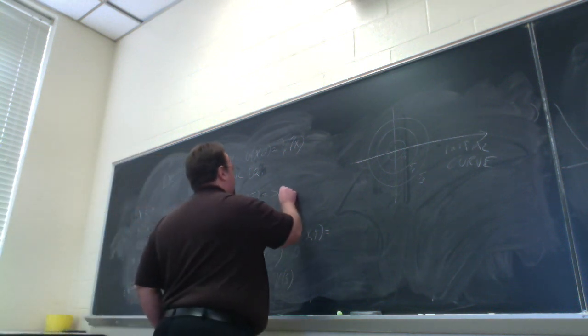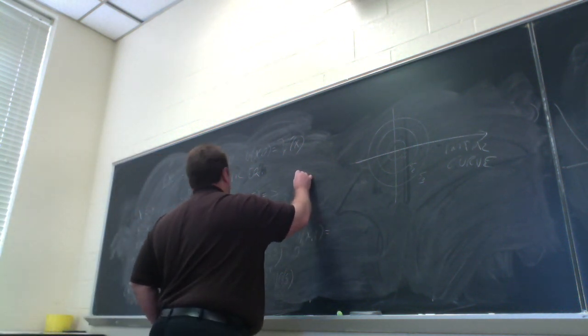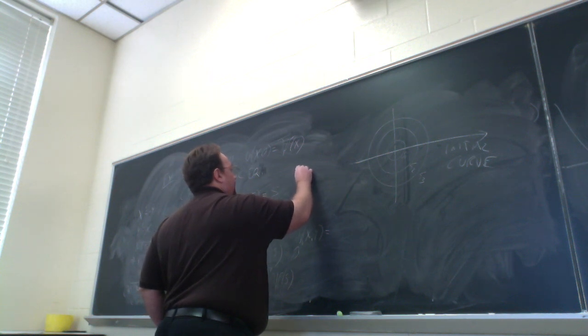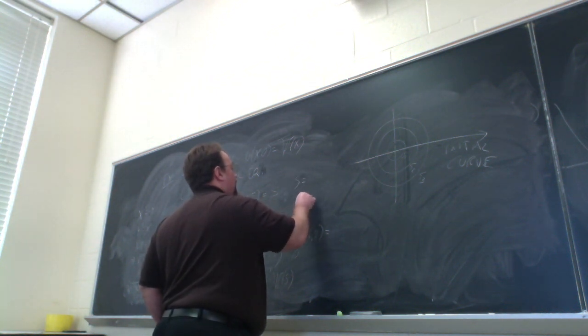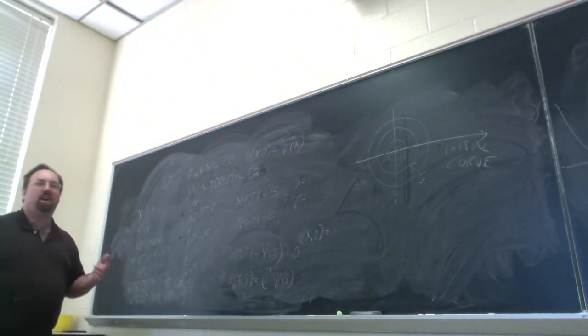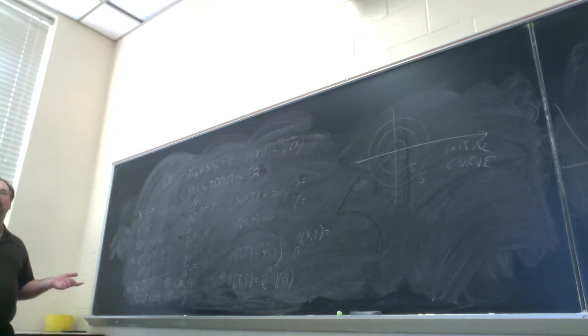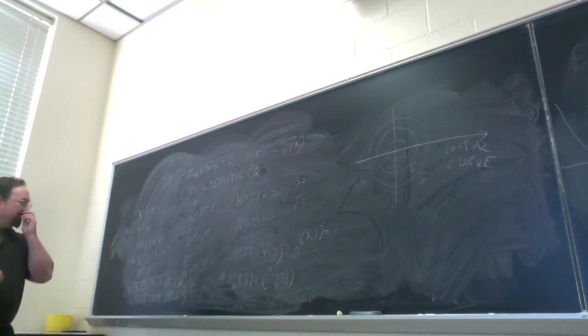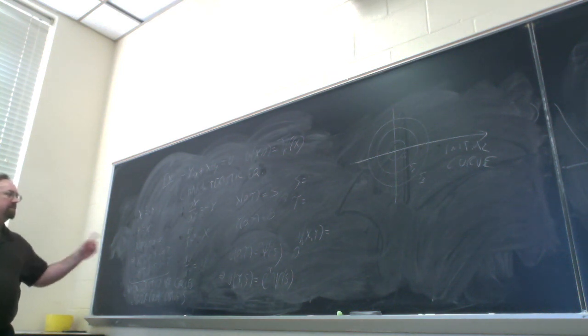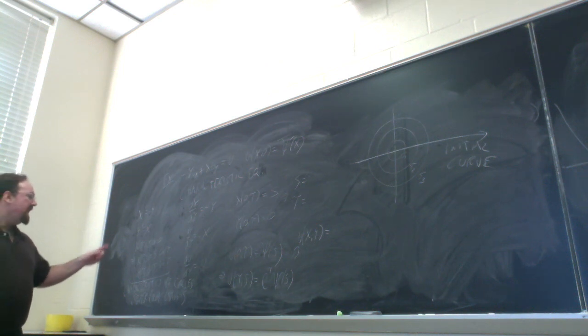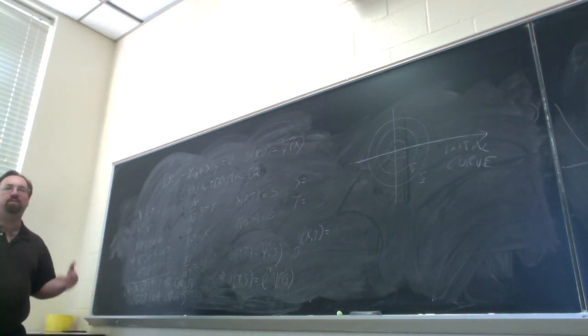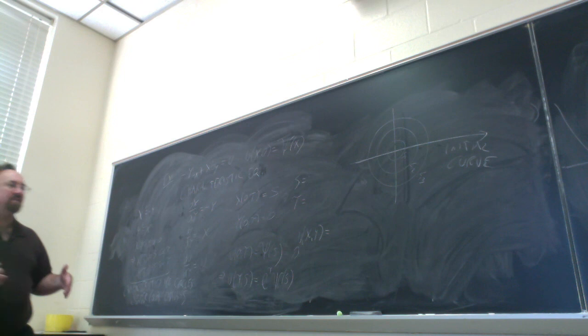Polar coordinates are customarily r and theta. So which is r and which is theta? S is r and tau is theta. So if you're given x and y, how do you convert to r and theta, or in this case s and tau?